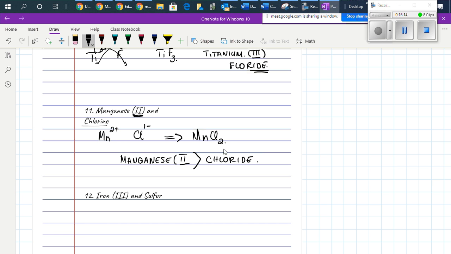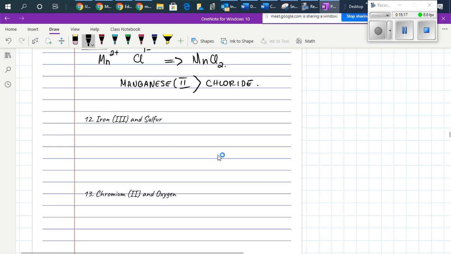Iron is the same deal. Iron has two valences, +3 and +2. So in this case, it's +3. So it will be iron 3+, and sulfur is in the 16th group of the periodic table.